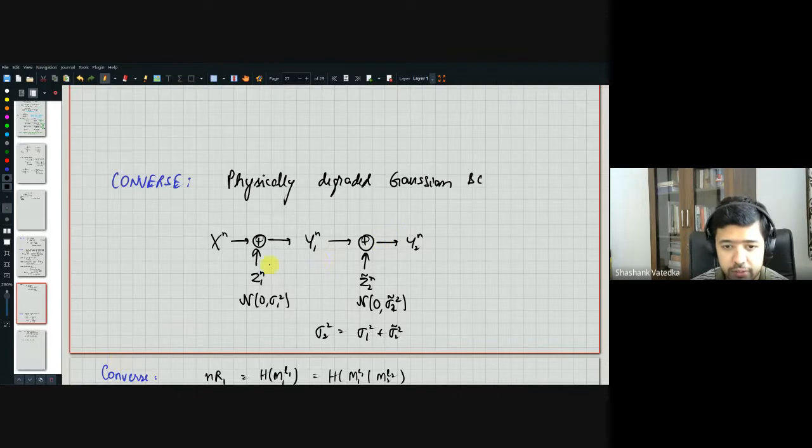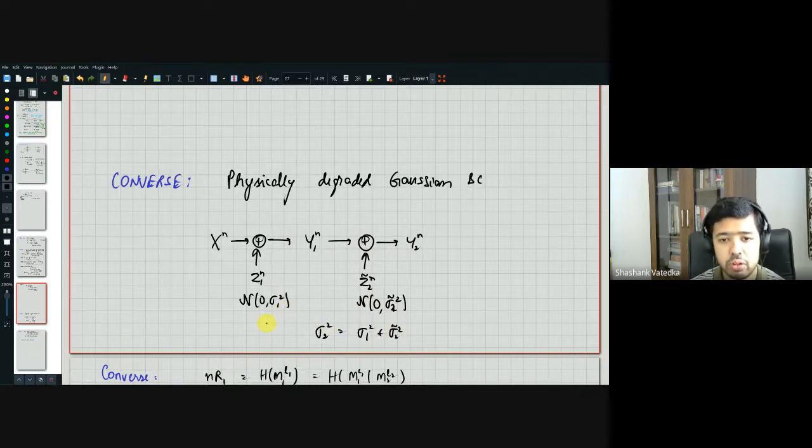So the effective channel from x^n to y2^n is an AWGN channel with noise variance sigma2 squared, but it can be obtained by corrupting y1^n, the received vector of receiver 1, by a Gaussian with mean 0 and variance sigma2 tilde squared.